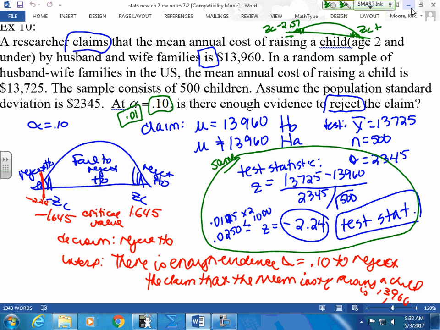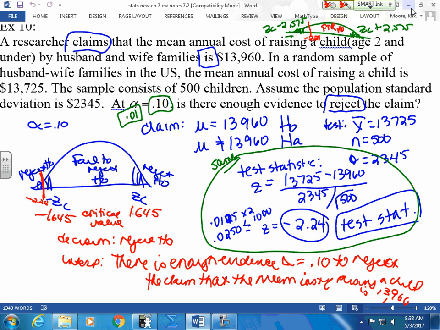Good. Negative 2.575 and positive 2.575. Did everybody get that value? Because we had to take that and we had to share it with two things, right? We're going to divide it by 2. Now, if you test this, negative 2.24, where does it fall? To the right of this guy. So now, I'm in my fail to reject H0.